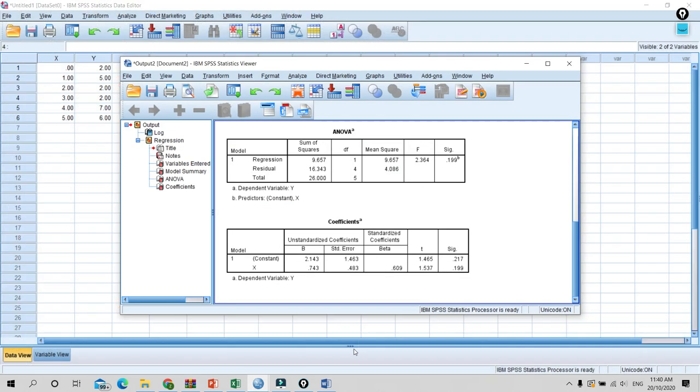You can click here. This is the result. If you want to go to the previous data, you just click this icon, minimize.